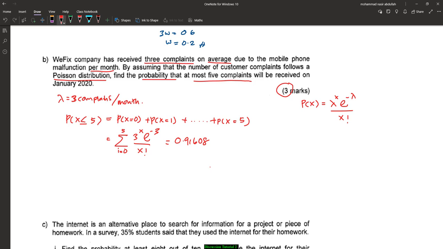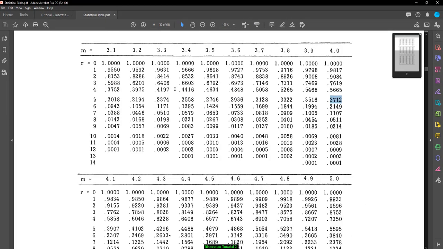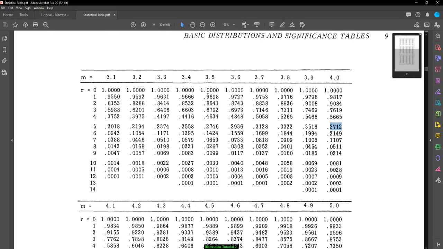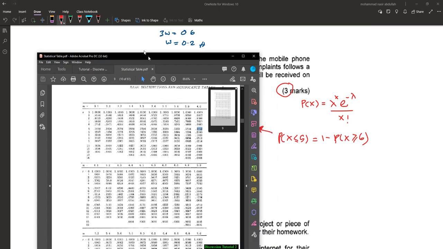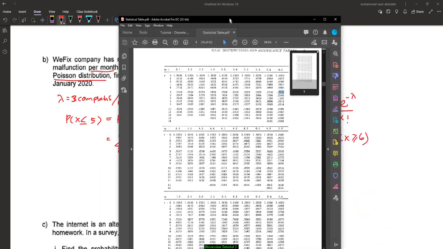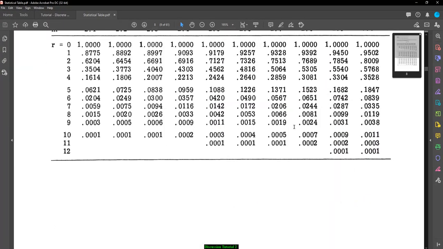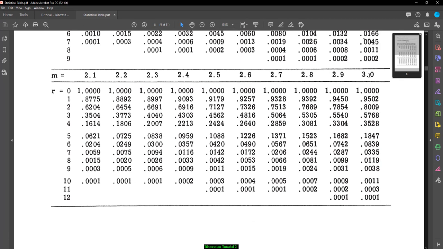So you can confirm the result by using the statistical table. So probability of x less than or equal to 5 should be equal to 1 minus probability of x more than or equal to 6. So look at the statistical table at the Poisson distribution, lambda is equal to 3.